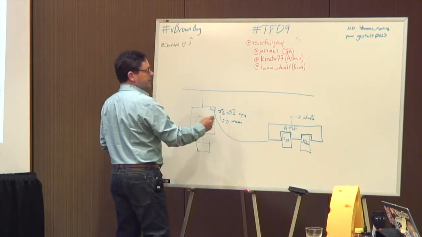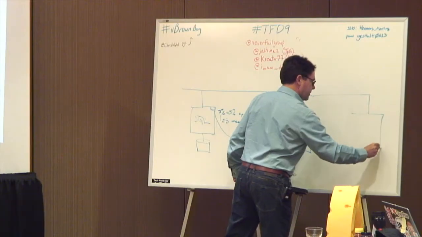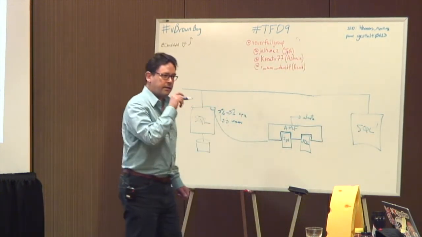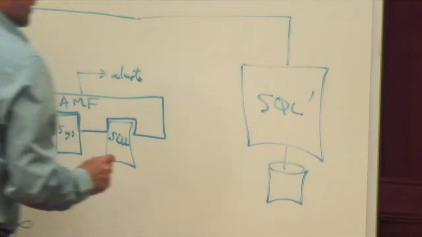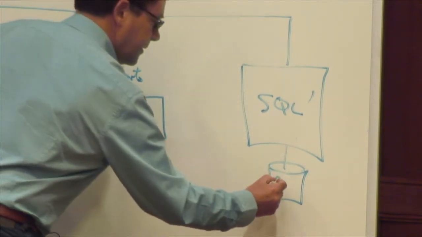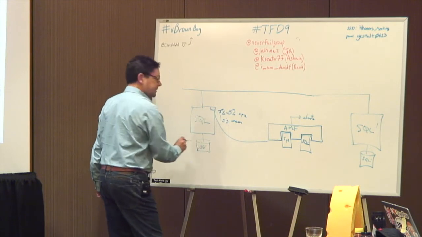The proactive thing you may do is go over to what I call SQL Prime over here, where we have exactly the same data sitting here as we have here, give or take a few seconds latency.